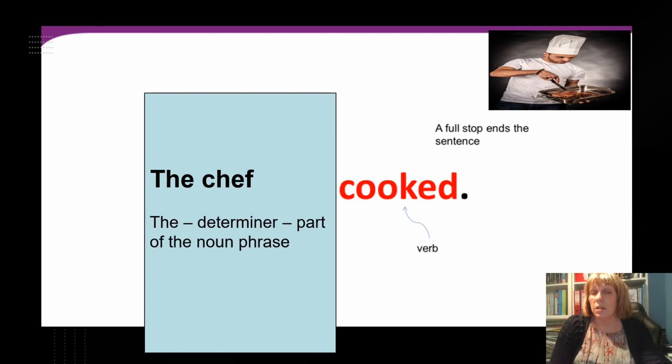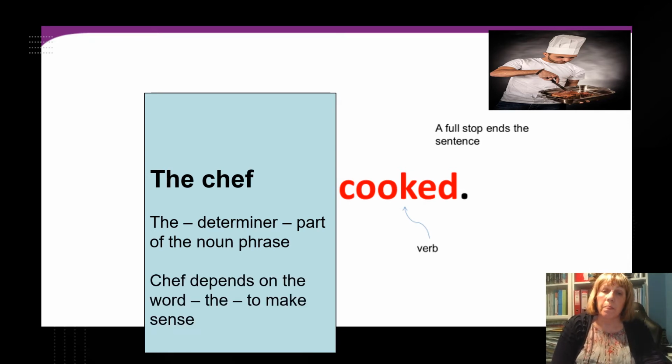So the determiner allows the word to be part of the noun phrase. So chef depends on the word the to make sense. That's the reason why you have to place those determiners in your sentence.